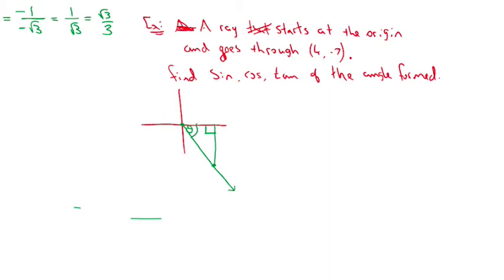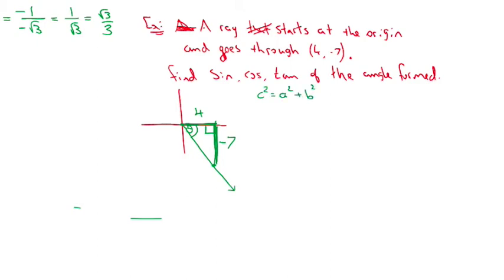How would I label my sides? The top portion of the triangle would be 4. The side portion over here, you really want to label negative 7 to get the sign involved. How do I find the third side? c squared equals a squared plus b squared.